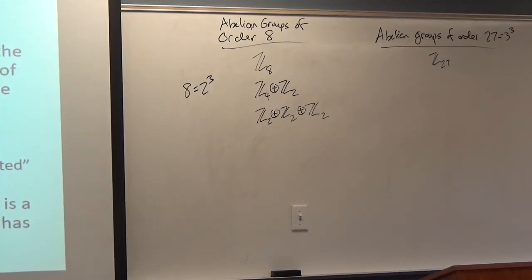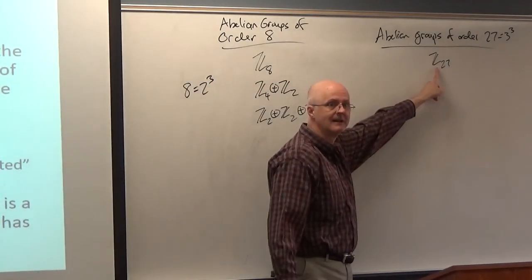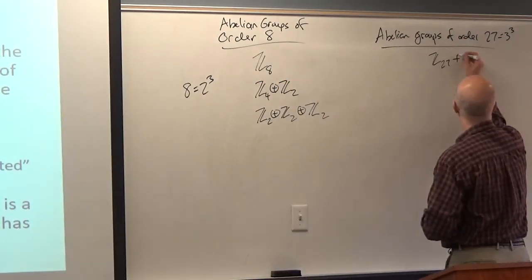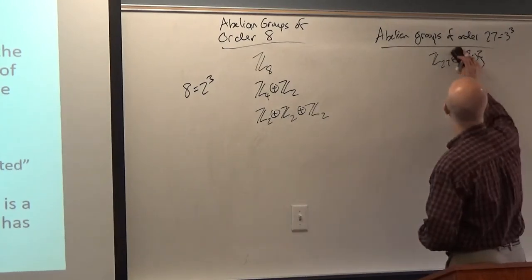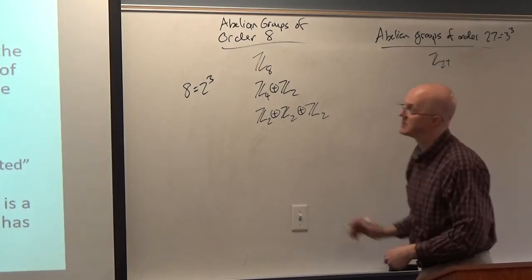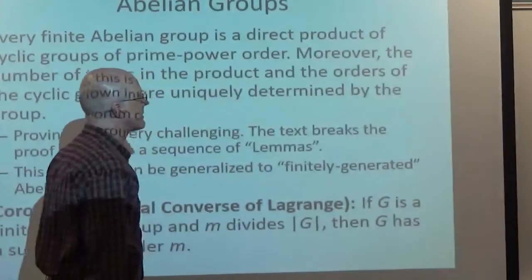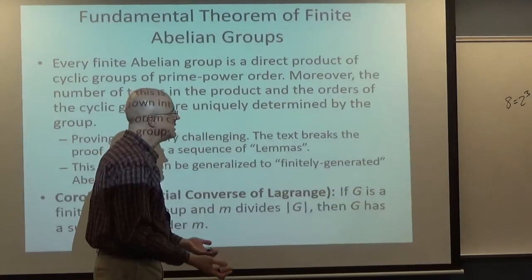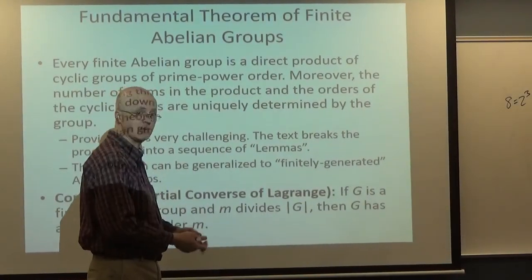Maybe there's only one factor in the direct product. Maybe it's just this. Think of this as being the direct product with a trivial group if you wanted to, but you don't need to. There can be just one group if it's a cyclic group here. Cyclic groups of prime power order. 27 is 3 cubed. Prime powers that divide 27 are 3 cubed, 3 squared, and 3 to the first.